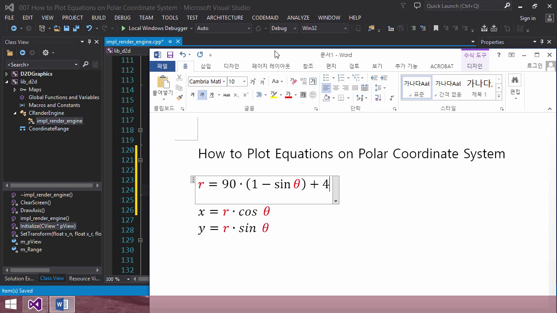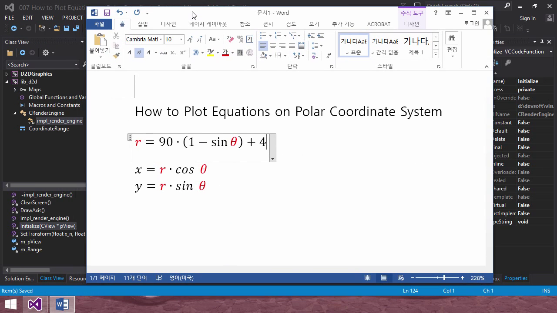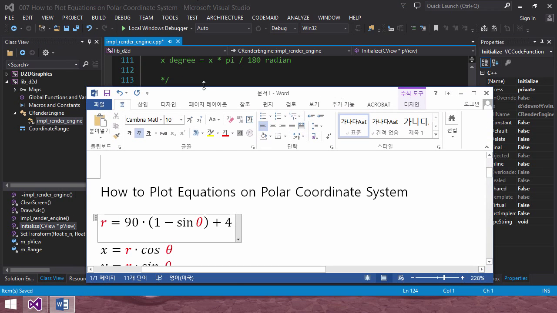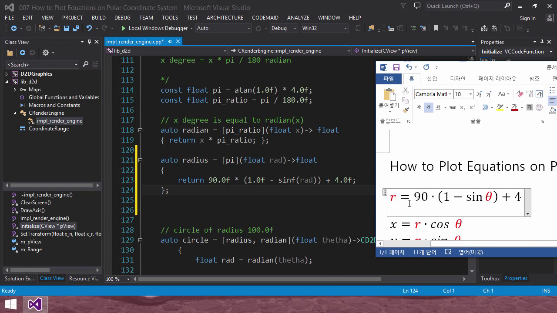If you compare with this equation, I will make it smaller. Okay, 90 times 1 minus sine theta plus 4. Theta is the actual radian angle.